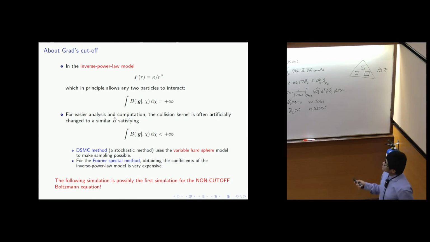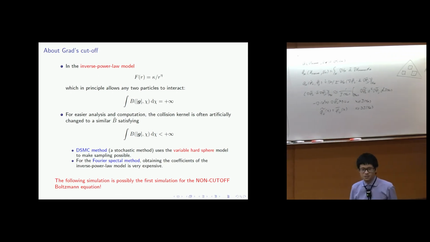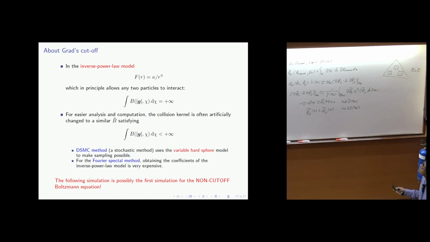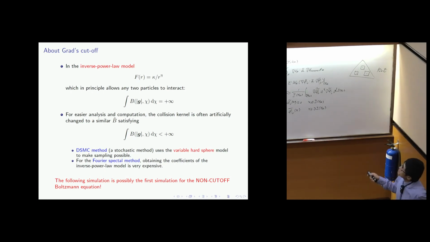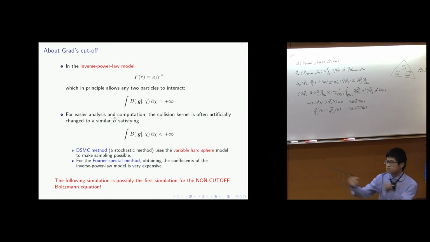And another thing I want to mention is what I mentioned in the title. I claimed that I am solving the non-cutoff Boltzmann equation. So what does it mean? What we are considering is something called the inverse power law model, and it means that the force between two molecules is proportional to the inverse power of the distance between them.